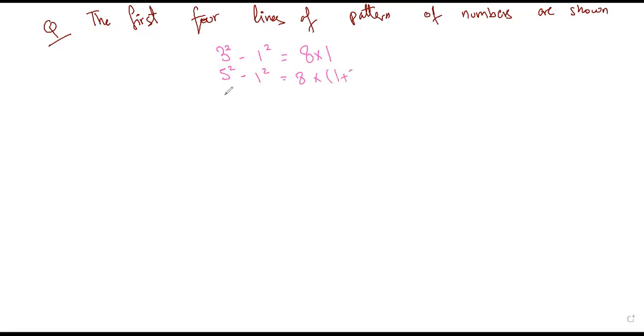The third line is 7 square minus 1 square equals 8 into 1 plus 2 plus 3. And then the last one is 9 square minus 1 square equals 8 into 1 plus 2 plus 3 plus 4.